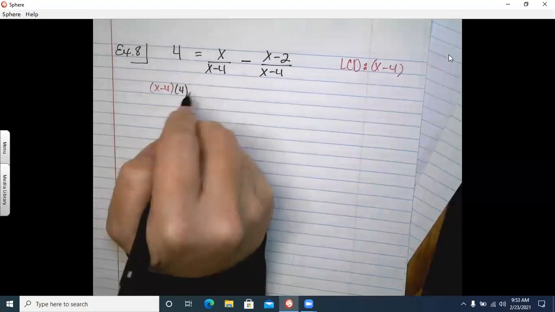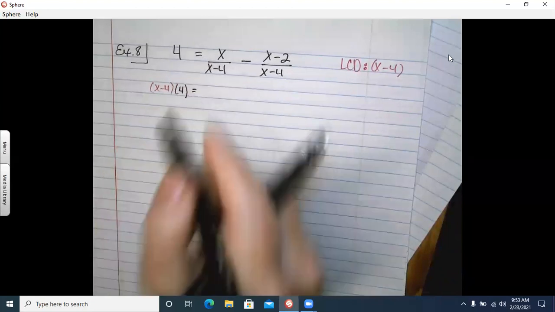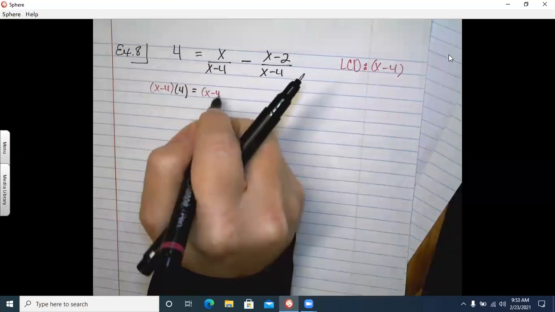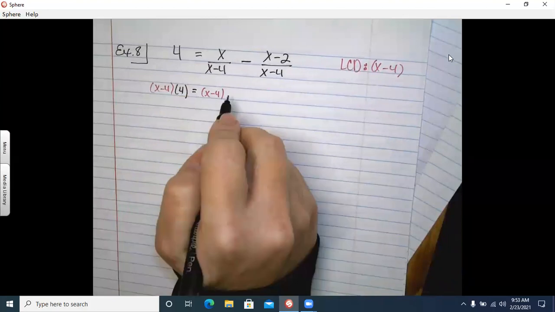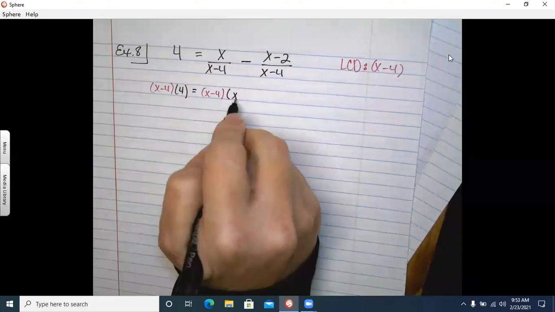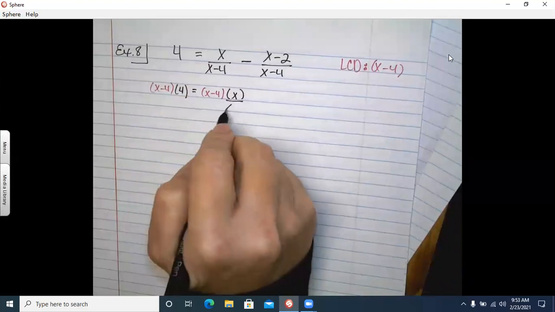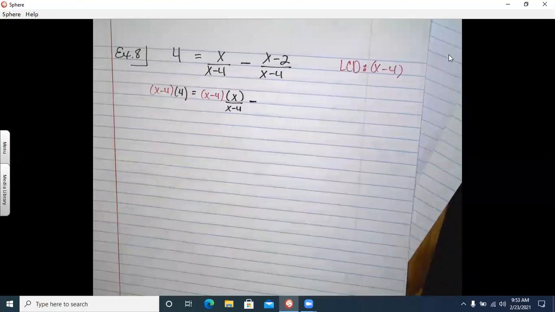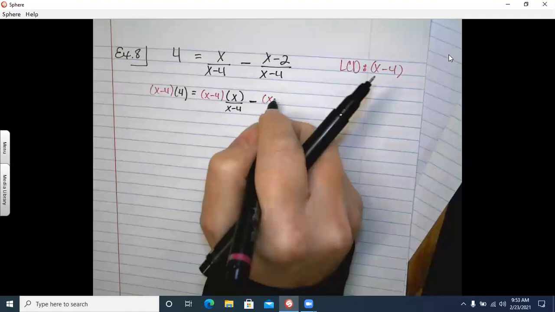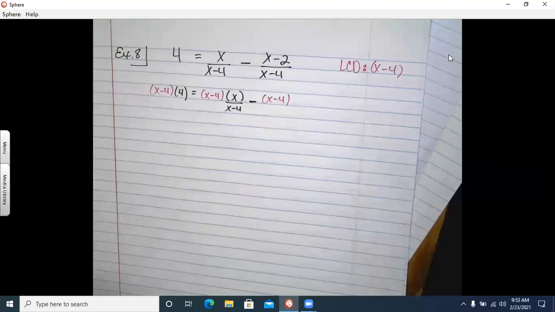Is anything going to cancel there? No, there's no fraction, right? I'm going to multiply the second fraction by x minus 4. Bring down your minus signs. I'm going to multiply the third fraction by x minus 4.